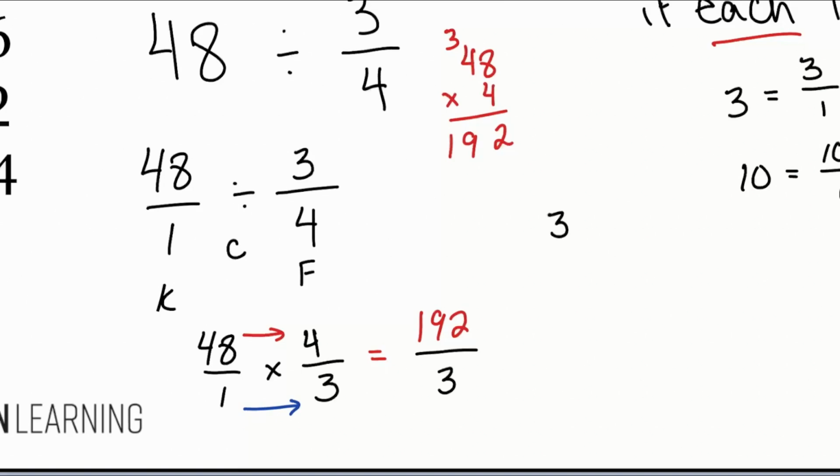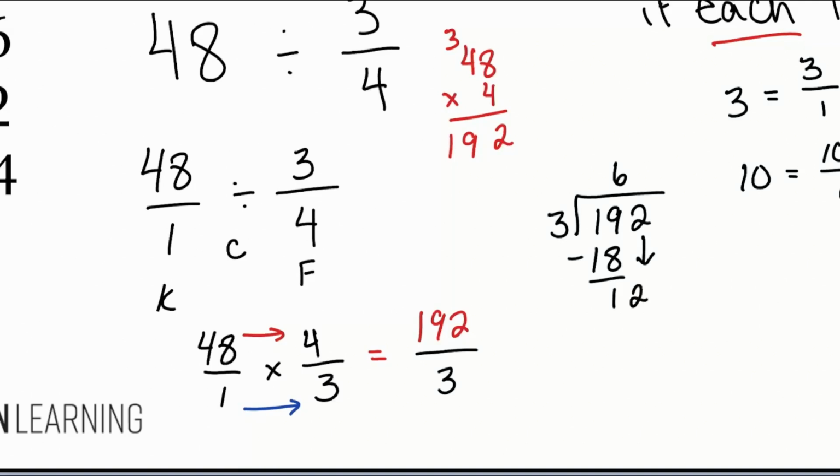So let's finish up the operation here. Again, it's okay if you didn't simplify in the beginning. Just know that it's going to take a step or two at the end. Totally fine, right? So here, 3 going into 1, it doesn't. 3 going into 19, it does. 3 goes into 19 6 times. 3 times 6 is 18, so we're 1 shy. And so with that, we'll drop the 2.